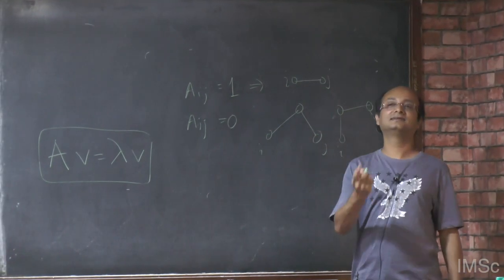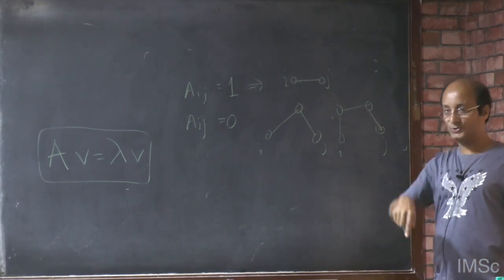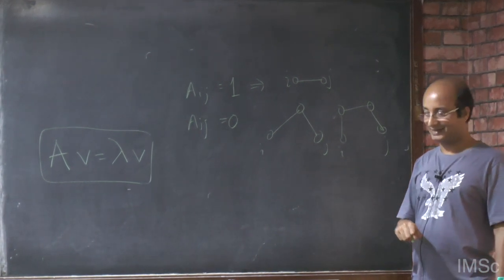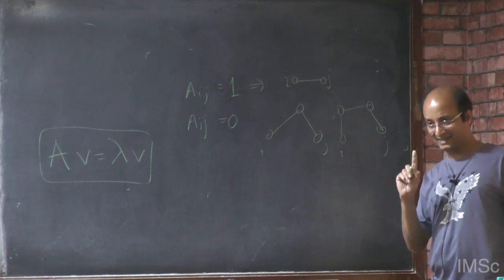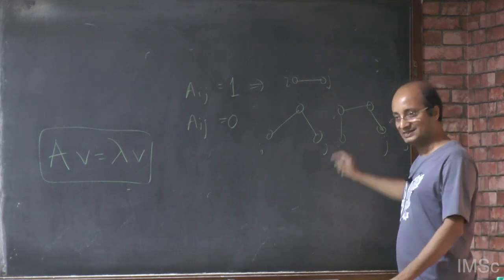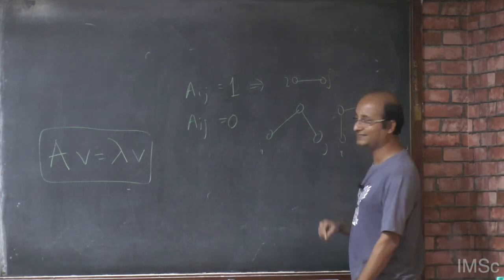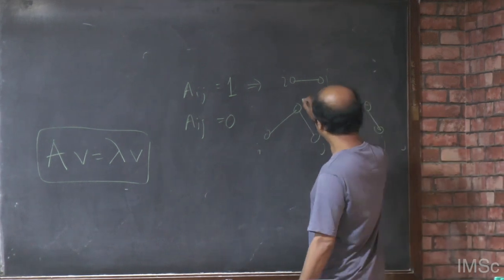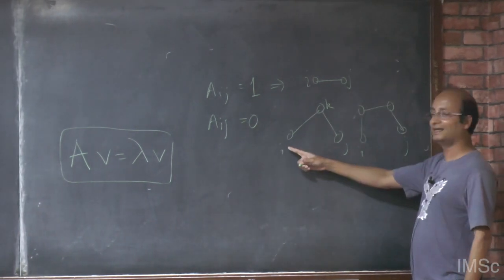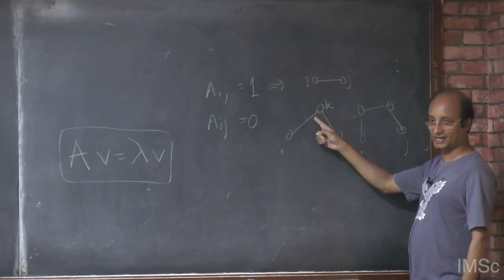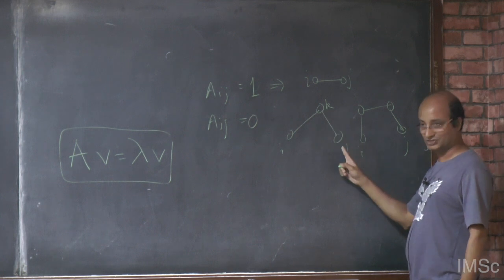Okay, but if I use the adjacency matrix in a slightly more devious way, I can actually answer this question, because I look at this and I say that, but wait a minute, what is this? This is just saying that a path exists from i to k and from k to j.